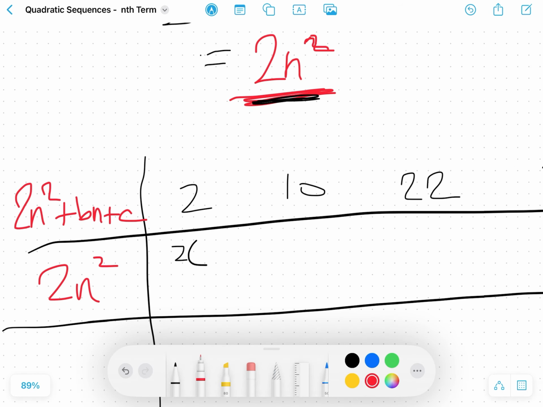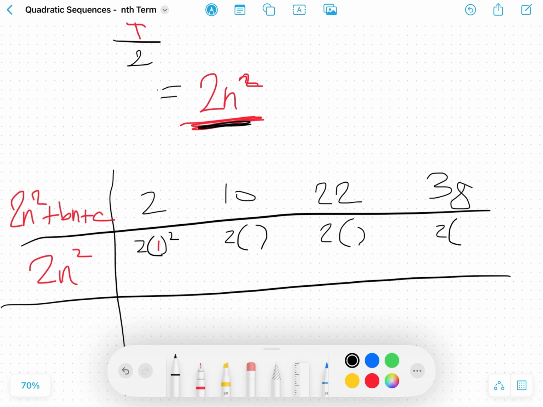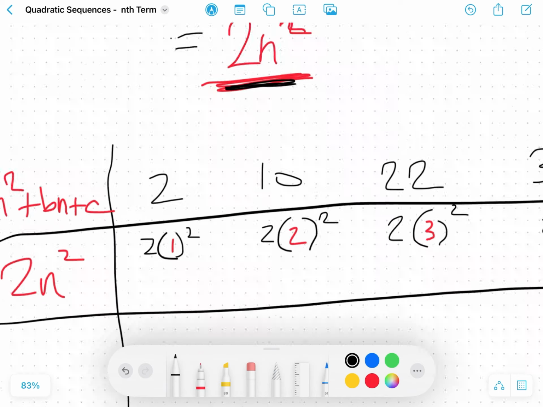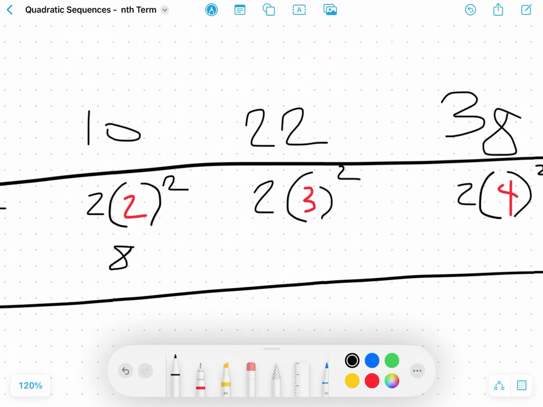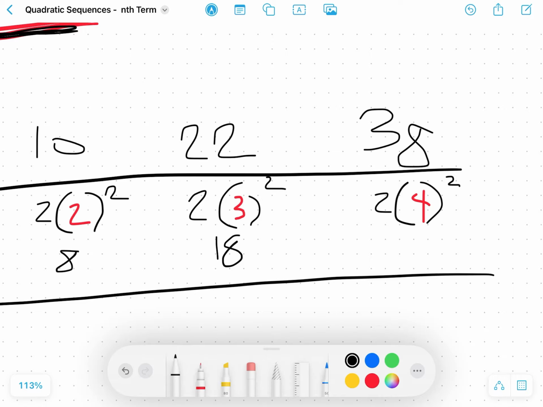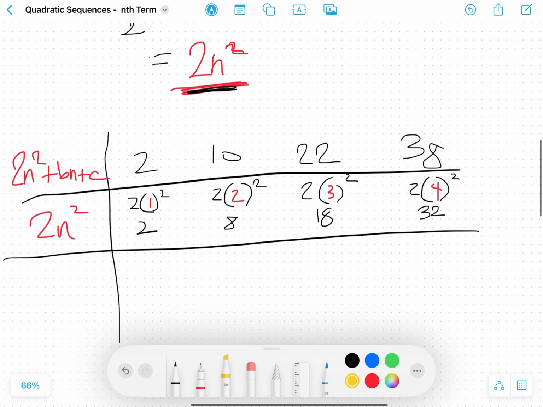That would be 2 times 1 squared, 2 times 2 squared, 2 times 3 squared, and 2 times 4 squared. So 2 times 1 squared is just 2, 2 times 2 squared is 8, 2 times 3 squared is 18, and 2 times 4 squared is 32. So now we have the first 4 terms of the sequence 2n squared.